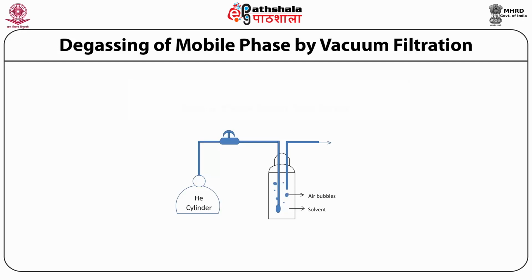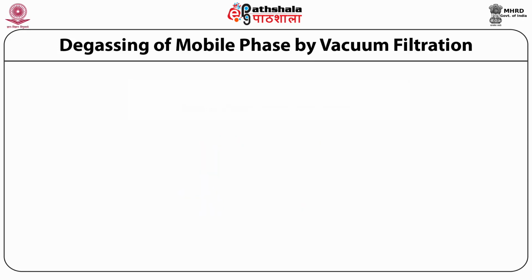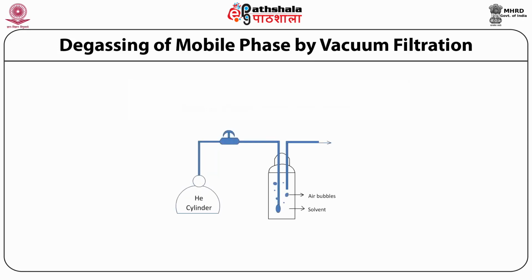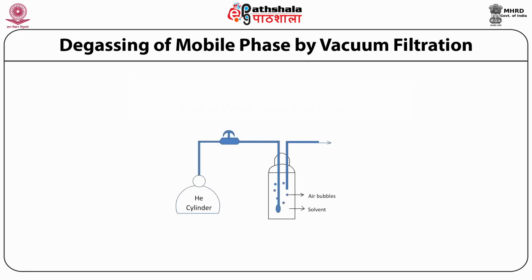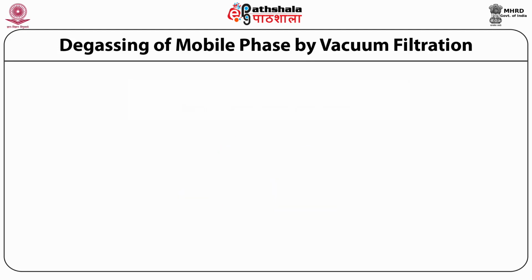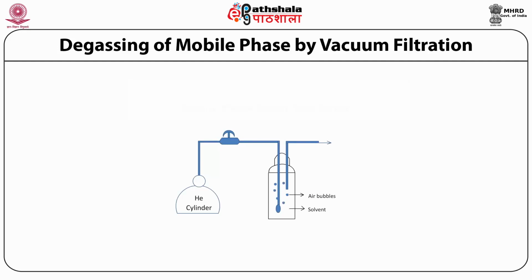Helium is virtually insoluble in most HPLC solvents, so very little helium replaces the air. Helium sparging is very effective as it can reduce the dissolved air in common solvents to levels below the saturation level of mixtures. Helium sparging is thus especially suitable for use with online mixing systems.